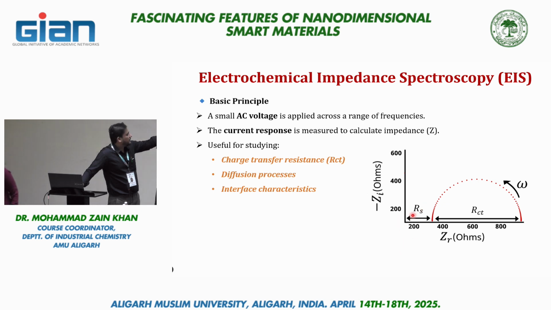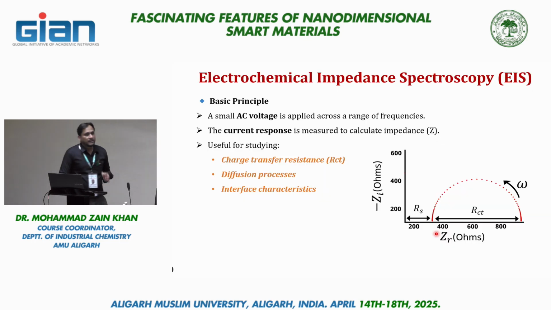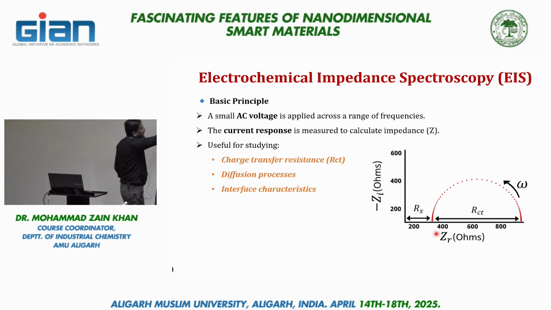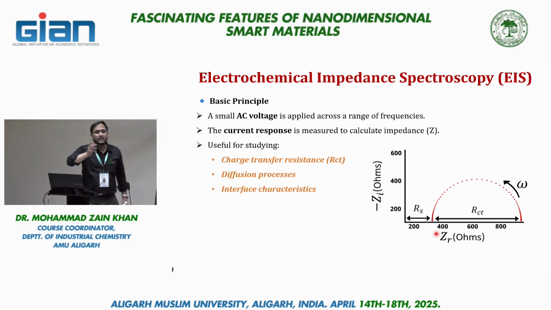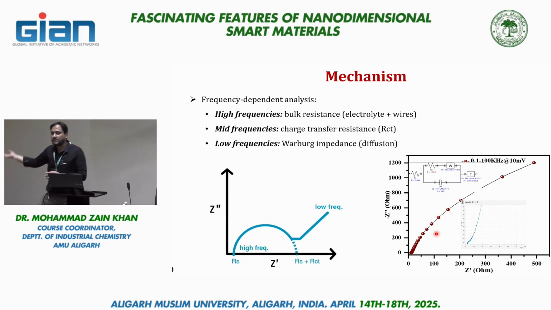Jitna semicircle away from the origin start hoga, this shows that the system has some solution resistance. Now, higher the diameter of this circle, higher is the charge transfer resistance. Then there is also a straight line at the end of this semicircle. A standard curve looks like this.